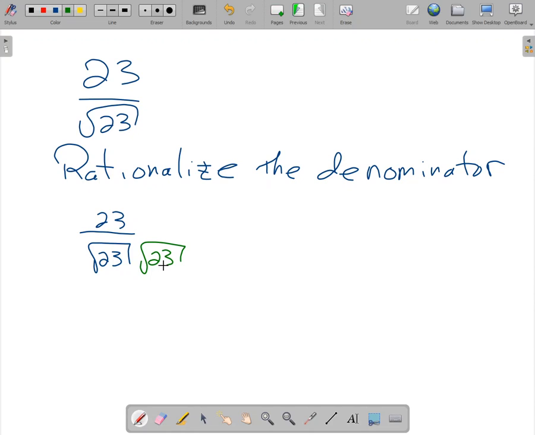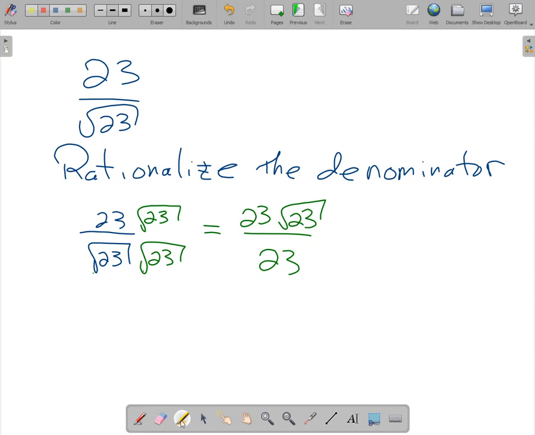But if I multiply something in the bottom, what do I have to do to the top? Same thing. So I have to multiply the top by the square root of 23. Cleaning this up, what happens? Well, square root times the square root cancels, leaving just a 23 in the bottom. In the top, I still have a 23, and I had to introduce a square root of 23.